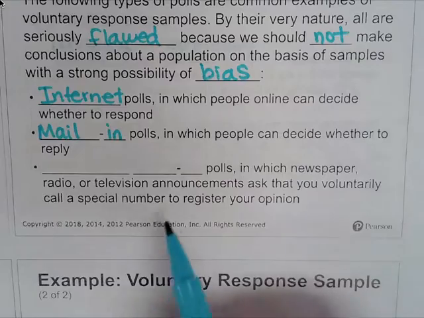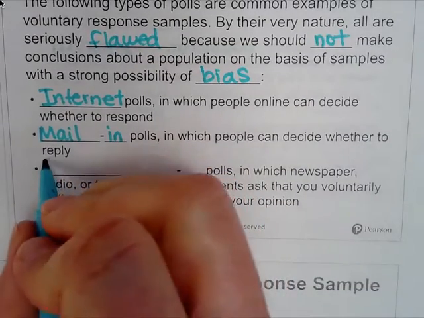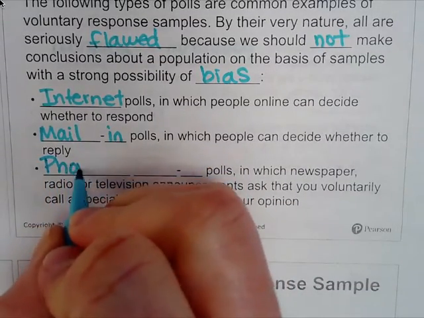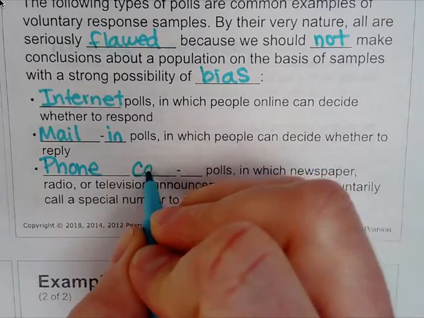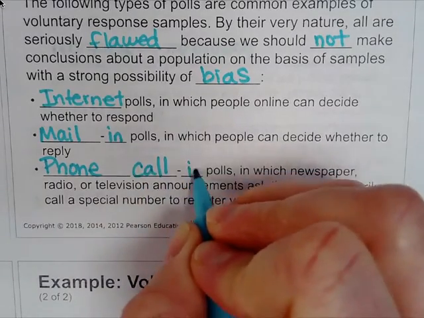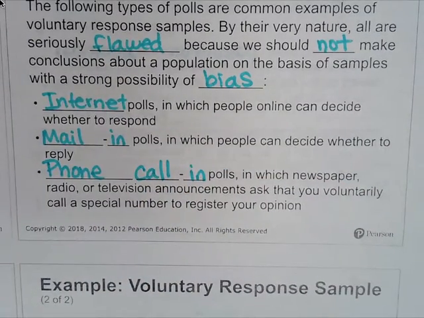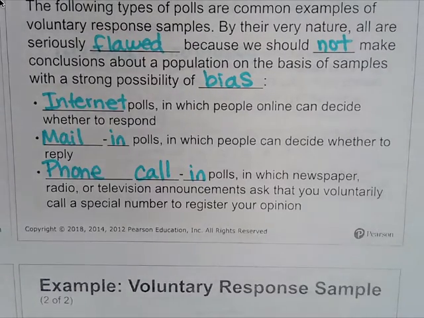Yes. Okay. So the other type is the one I talked about, where you get a phone call. But this one's whenever you see there's some kind of advertisement that says, call this to answer this question or to do this survey. So a phone call in polls in which newspaper, radio, or TV announcements say, please call to tell us your opinion.